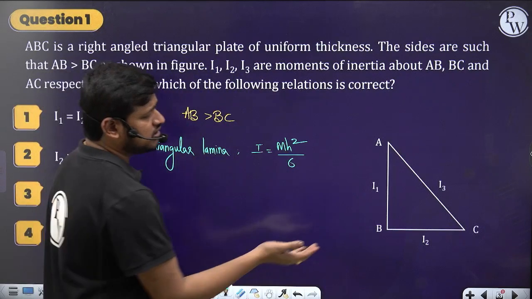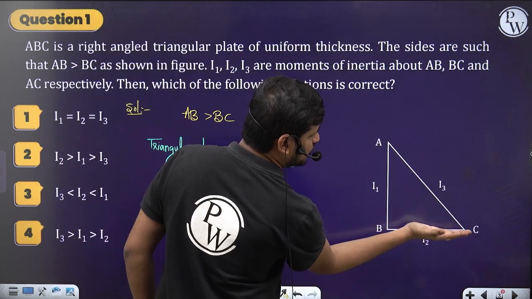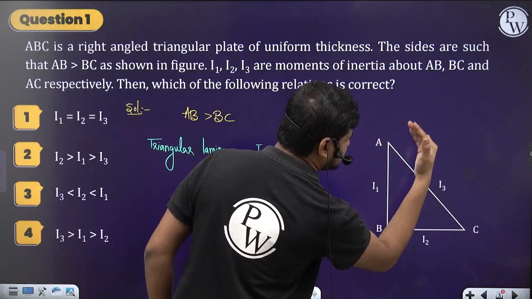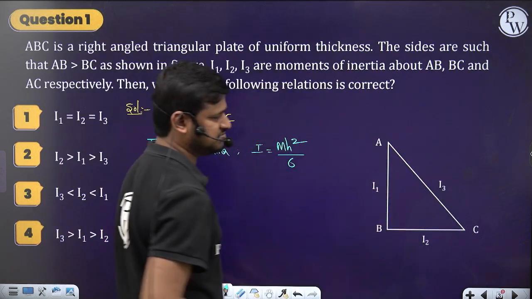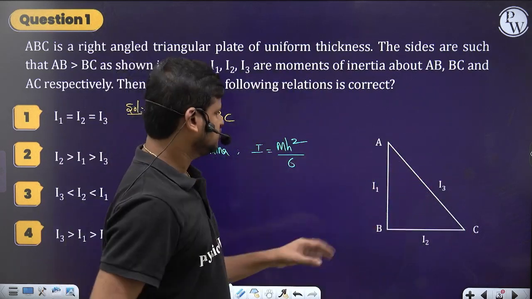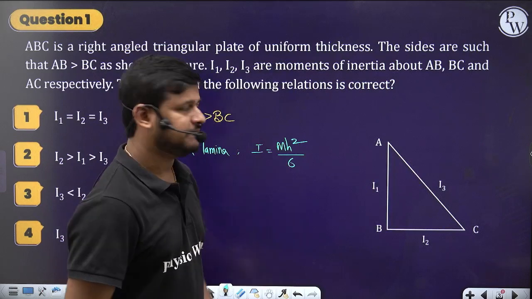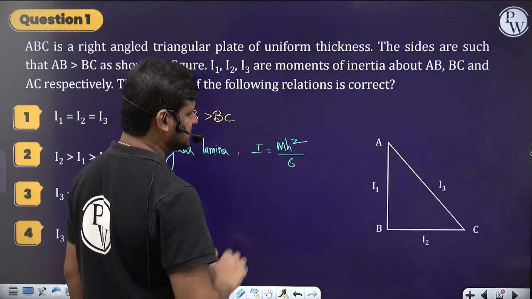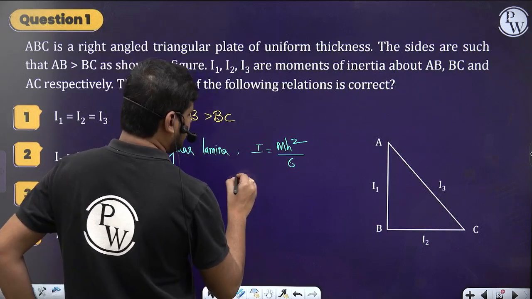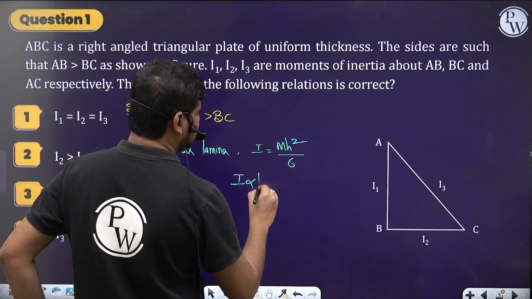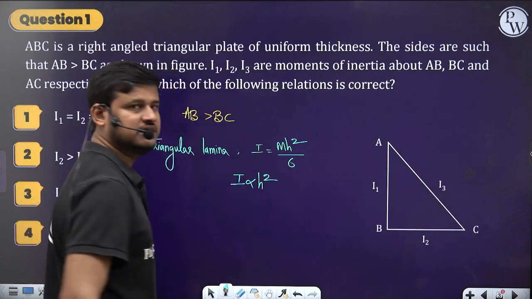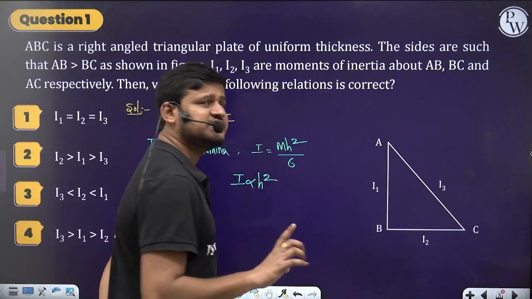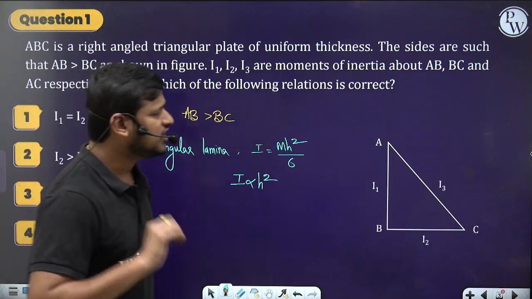About BC, whatever the mass of the triangular lamina is, about AB also the same mass and about AC also the same mass, because the triangular lamina is the same. So the mass is constant and 6 is constant. That means the moment of inertia in this particular case depends on the height. Now, about which axis is the height more? That you have to check.